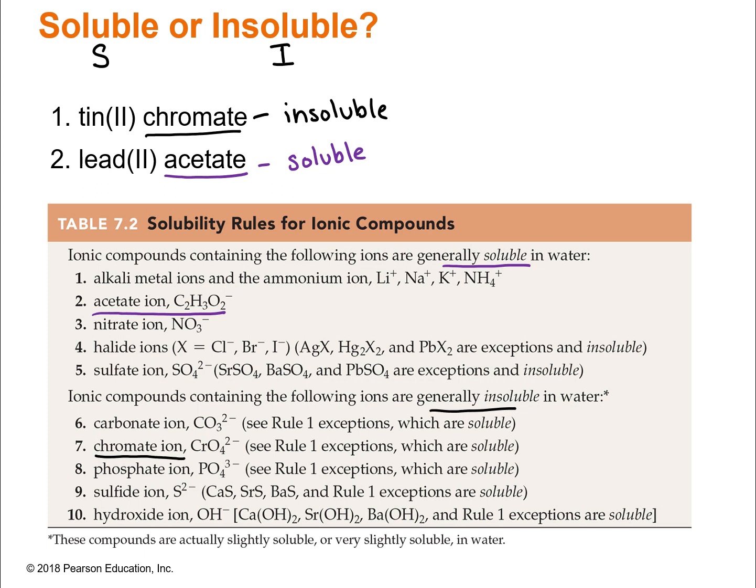Okay, so the first one about the insoluble. So let's just run back the chromate one real quick. We find chromate on our list. It is generally insoluble. The exceptions would be Rule 1, which are soluble. We look at what we have. We've got tin.